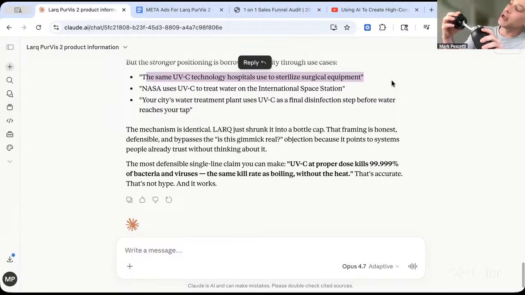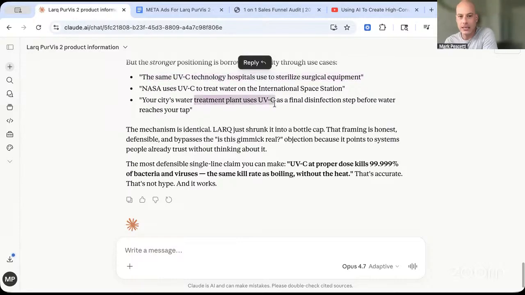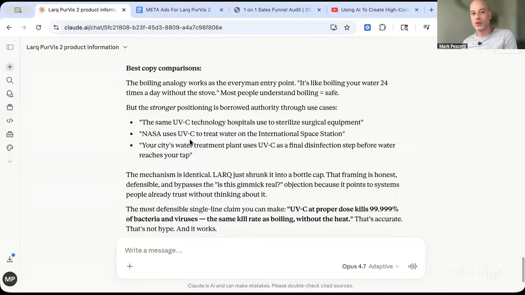This UVC technology is so powerful in eradicating bad bacteria out of water, like E. coli, the stuff that really takes us out, that it's the same technology hospitals use to sterilize their surgical equipment. Or you can use the NASA. City water plant, I find that to be less effective, because city water generally has a pretty bad reputation. So there's a lot of possibility right there in terms of what we're thinking about.